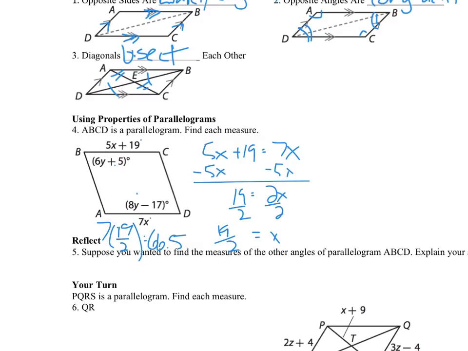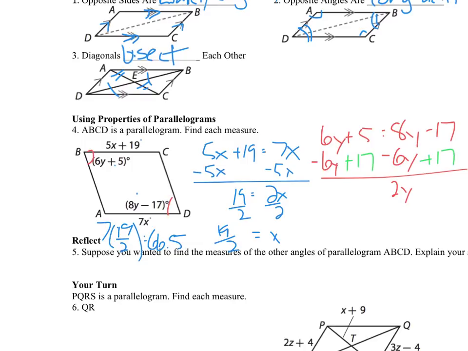Now for our angle, we know that opposite angles are congruent as well, so then I can set 6y plus 5 equal to 8y minus 17. Subtract 6y. So I get 2y here. And go ahead and add 17.